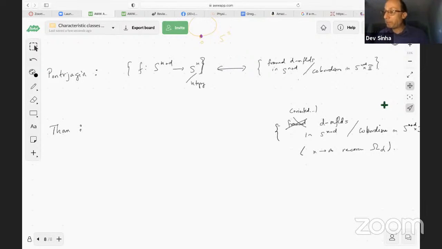So, in order to account for the lack of framing, the non-triviality of the normal bundle, Thom realized that instead of mapping to, well, the sphere is a Thom space of a trivial bundle, if you want to capture any normal bundle, which is what you actually want here, not the tangent bundle, then you're going to look at maps from S^{n+D} to the Thom space of a tautological bundle over a Grassmannian.